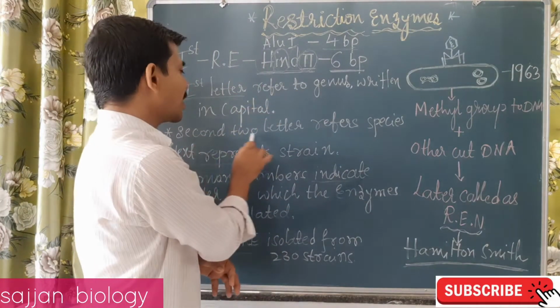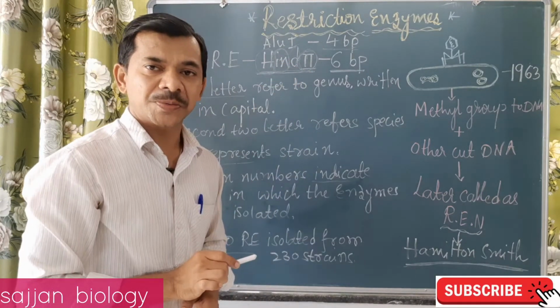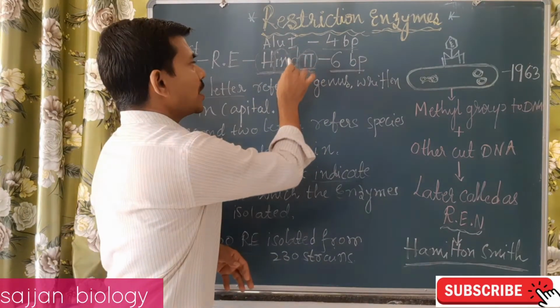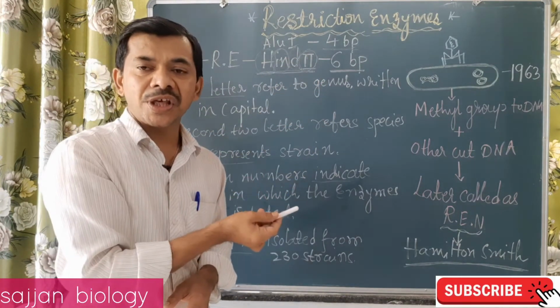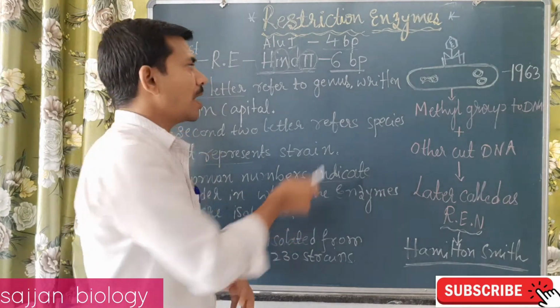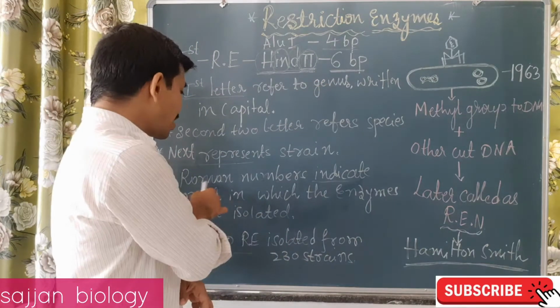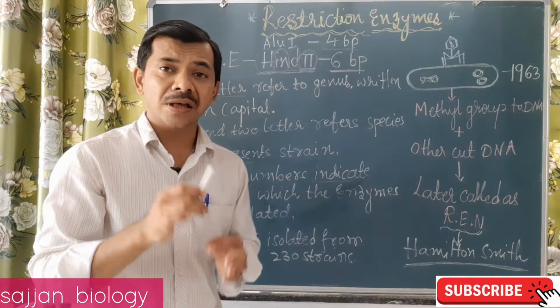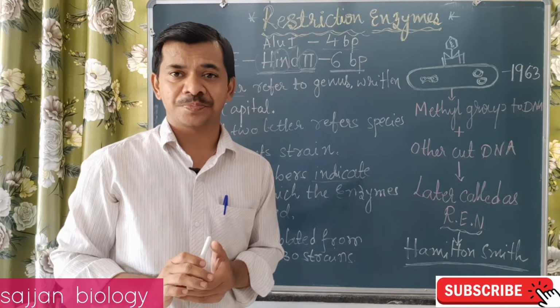The next two letters refer to the species and are written in small letters. The next letter represents the strain. And the Roman numbers indicate the order in which the enzymes were isolated.